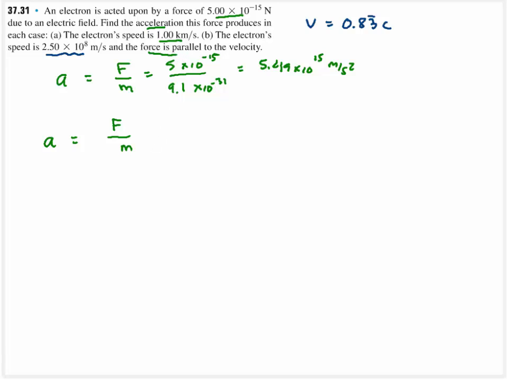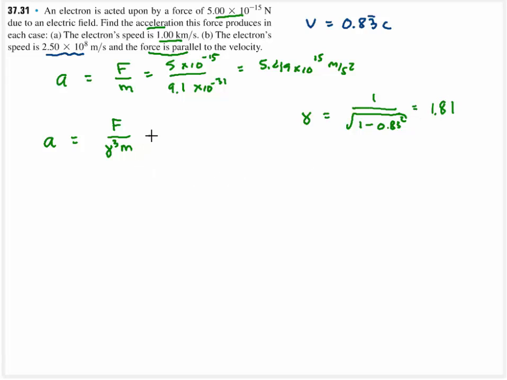It tells me that the force is parallel, so that tells me that this has got to be gamma cubed. If it was perpendicular, then it would just be gamma. So what is gamma? Well, gamma is going to be equal to 1 divided by the square root of 1 minus 0.83 repeating squared.